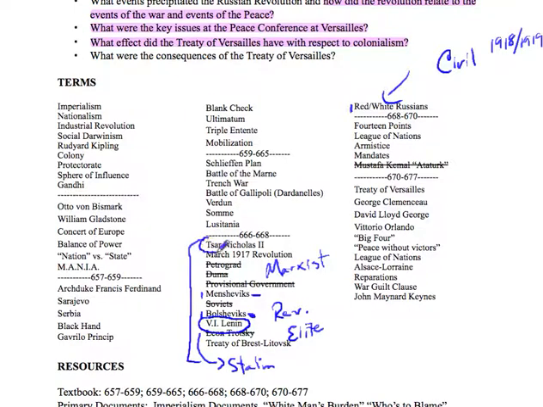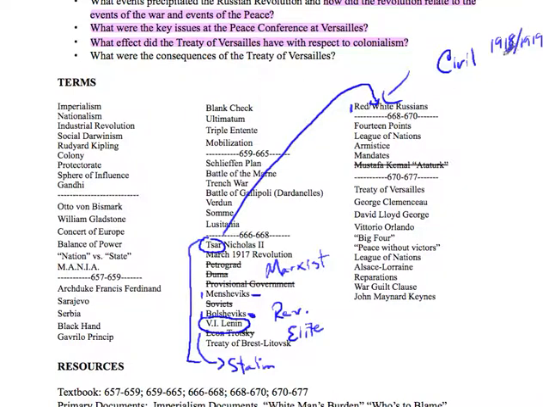Some of them are Tsarists supporting the Tsar, but some of the Whites are also Western democracies like England and France, I believe, and even the United States sends soldiers to support the White Russians. There's some pretty awful fighting on both sides. Both sides use grim tactics, but ultimately the Reds win, and that history is written.